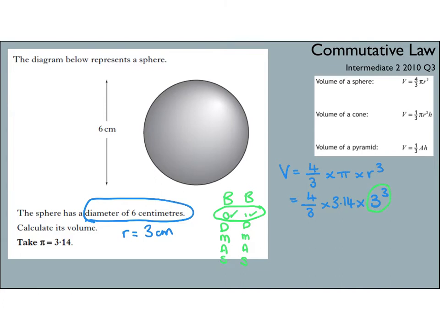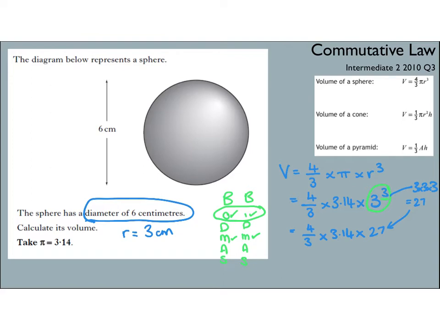This bit here, the 3 cubed, where the 3 is your index or your order. So first thing to work out there, because these come before the multiply, is the answer to 3 cubed. Remember, 3 cubed means 3 of them being multiplied together. 3 3s make 9, times 3 is 27.